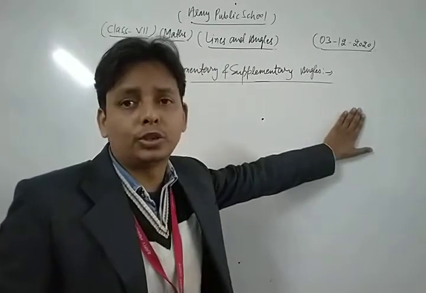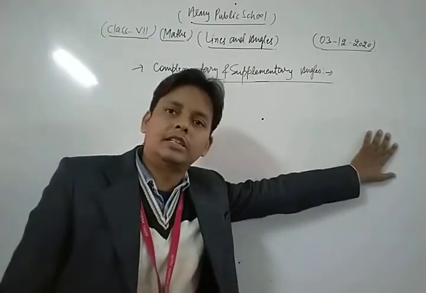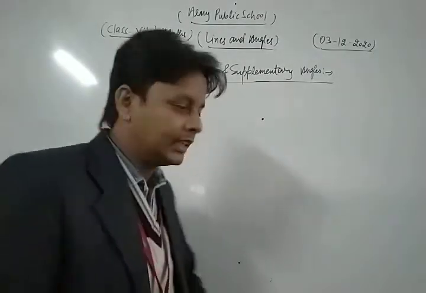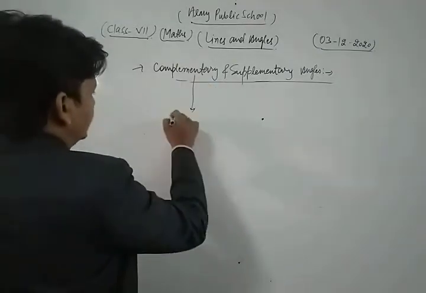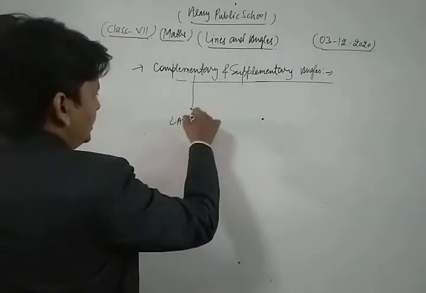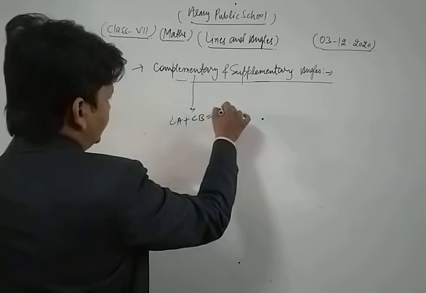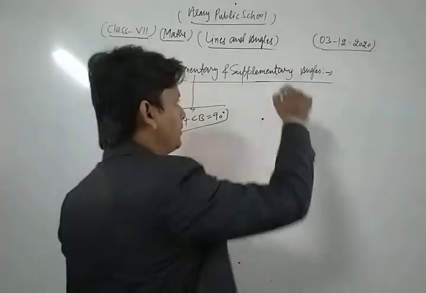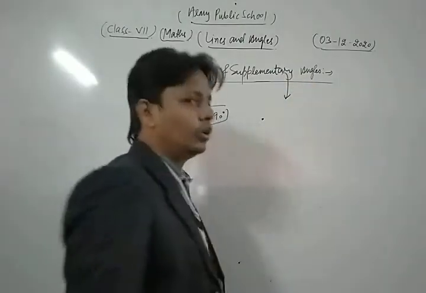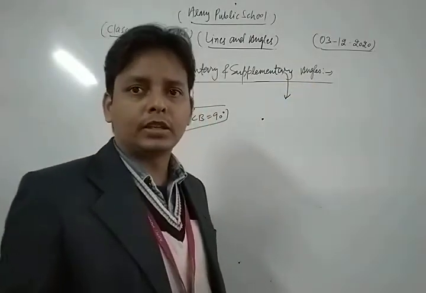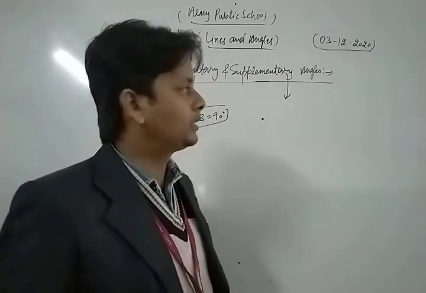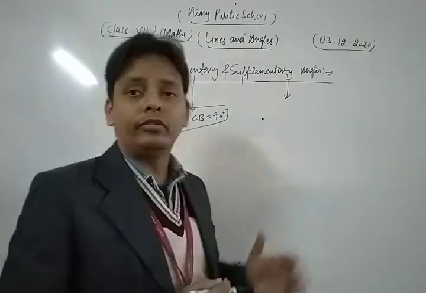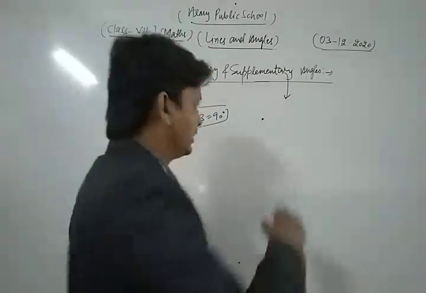Two angles are said to be complementary to each other if their sum of measure is 90 degrees. So for two angles A and B, if their sum of measure is 90 degrees, they are said to be complementary to each other. And two angles P and Q are said to be supplementary to each other if their sum of measure is 180 degrees.